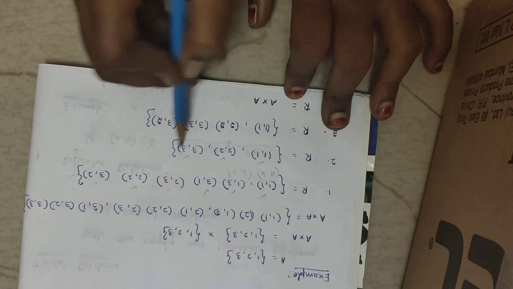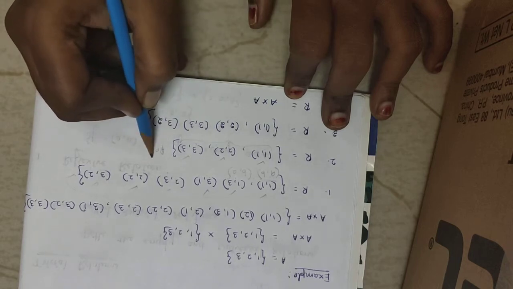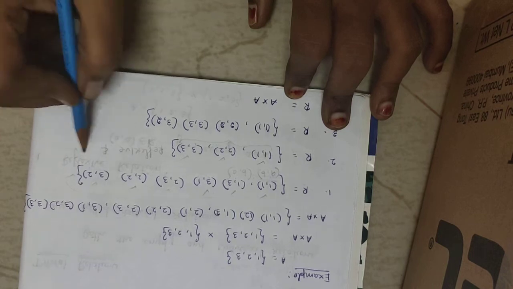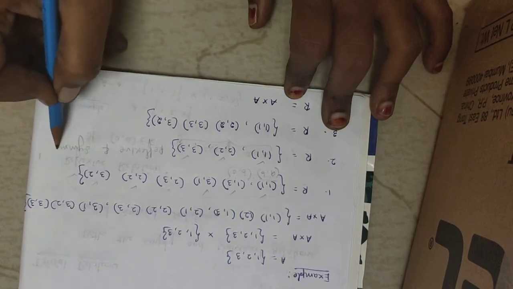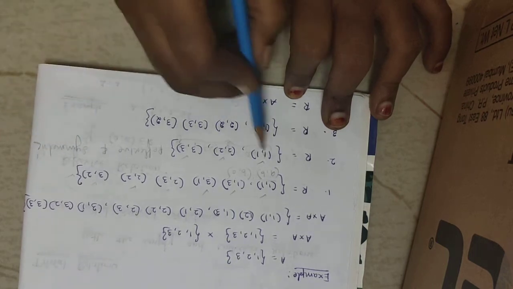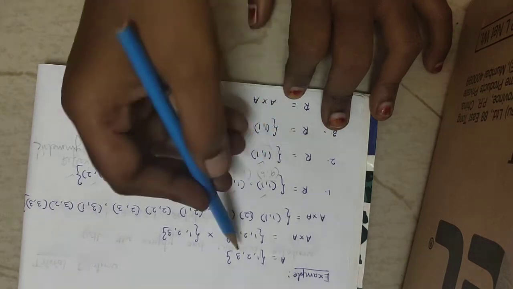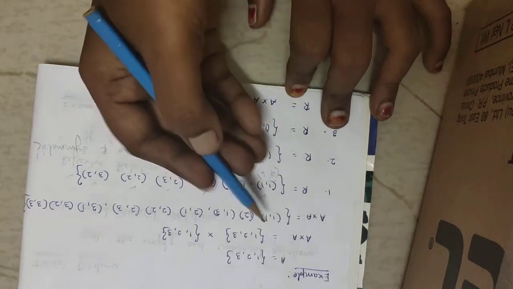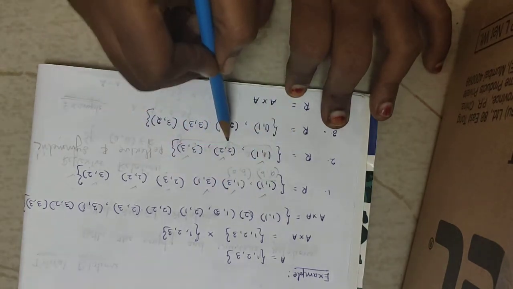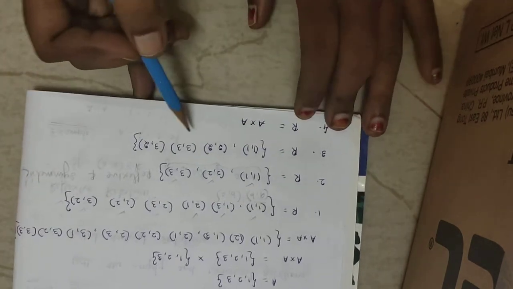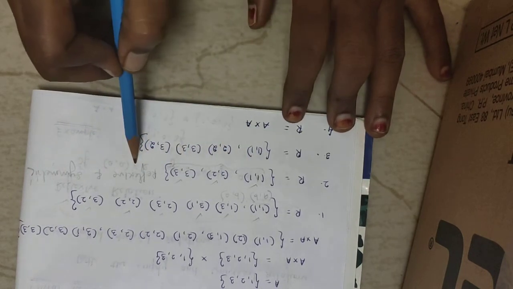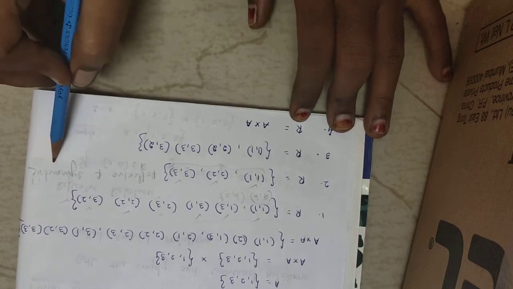This set we can also call reflexive and symmetric. Reflexive also satisfies here, since each and every element belongs to the set. And symmetry also satisfies: (a, b) belongs to R means (b, a) also belongs to R. So this relation is both reflexive and symmetric.